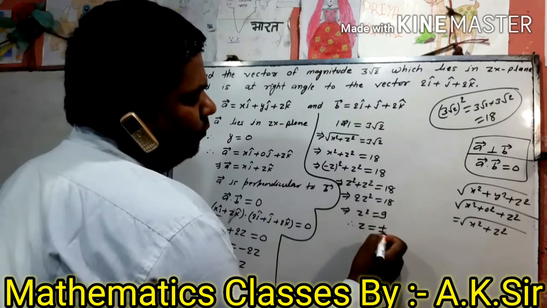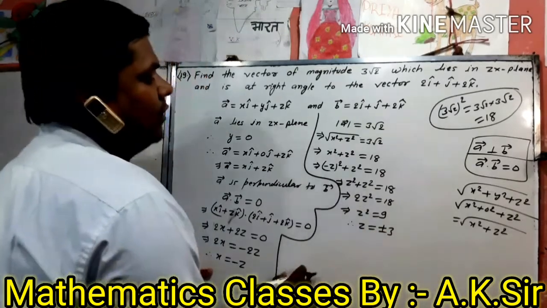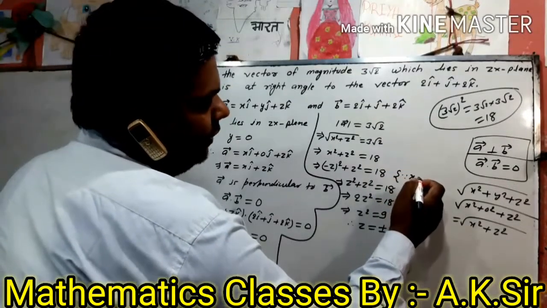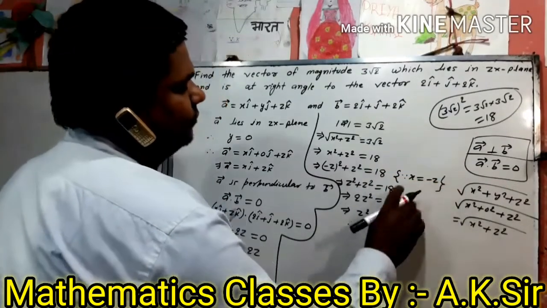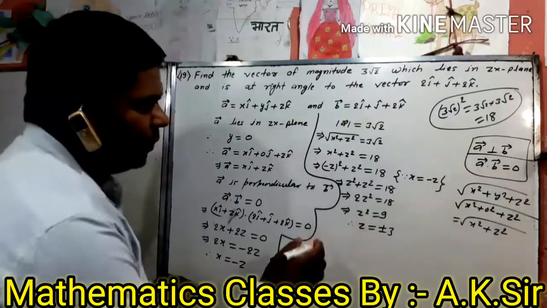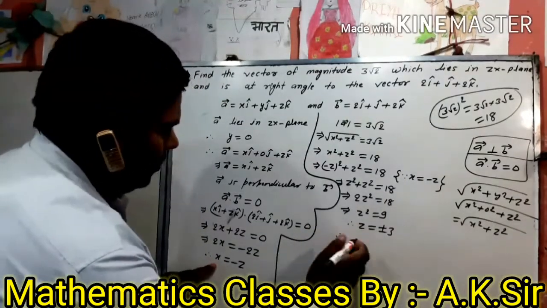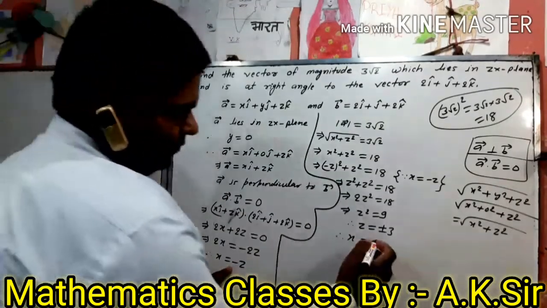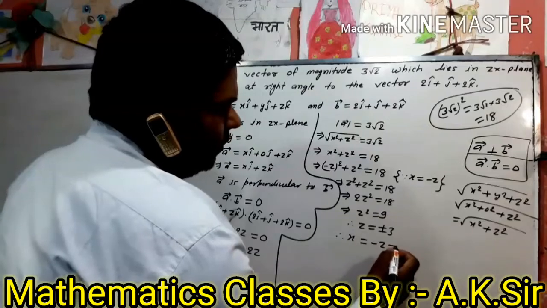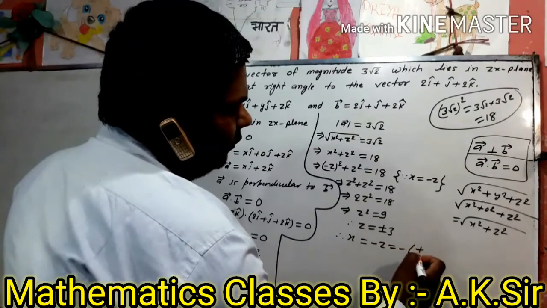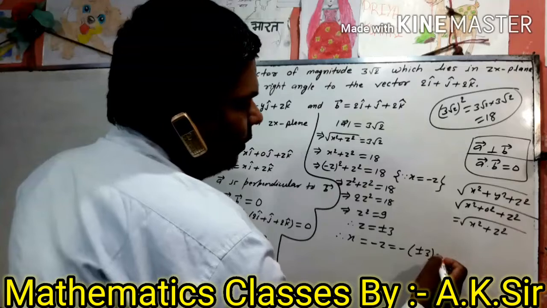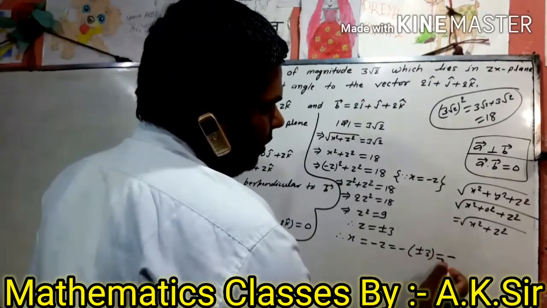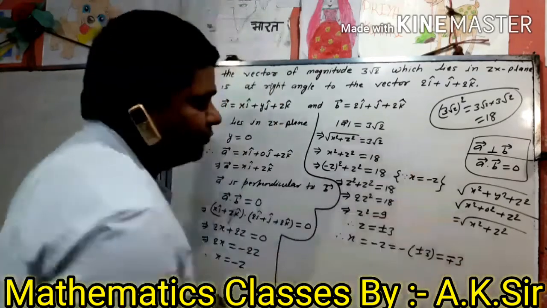So z is equal to plus minus 3. Since x is equal to minus z, x is equal to minus plus minus 3. It means x is minus plus 3.